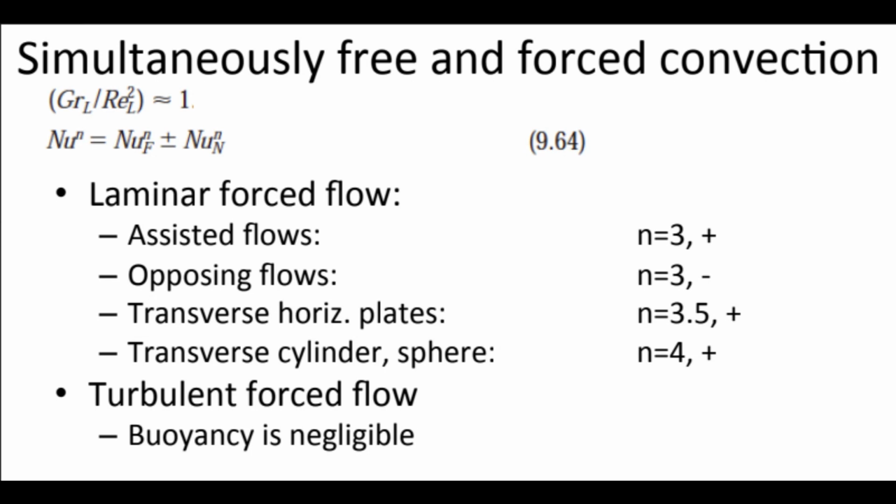You calculate your forced convection problem, you calculate your natural convection problem, right? Now you calculate two problems, and then you combine them using this exponent, right? For example, in this case, let's say it's a cylinder, right? You would use n equals 4.